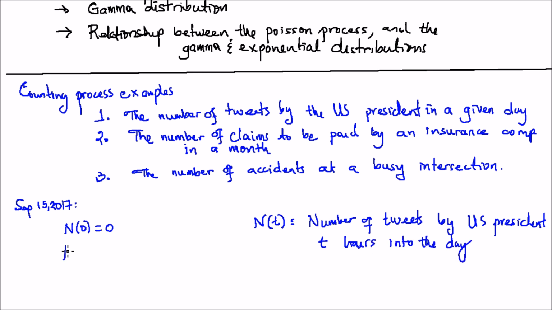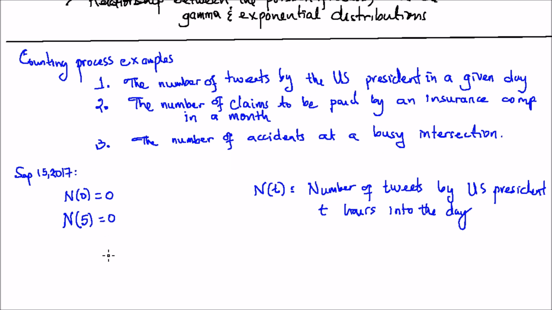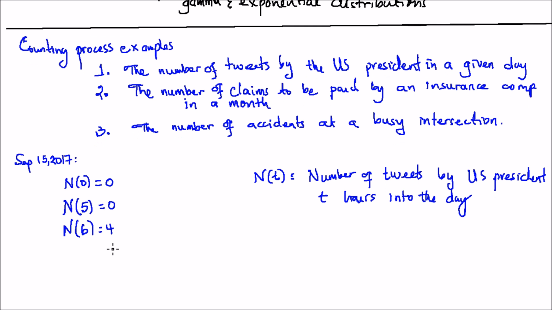You wake up early morning at 5 a.m. and then check your Twitter account. Well, you still have no tweets from the US president 5 hours into the day. However, at 6 a.m., you have 4 tweets. You check again after 1 hour.